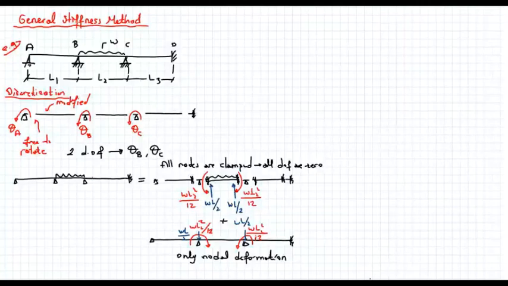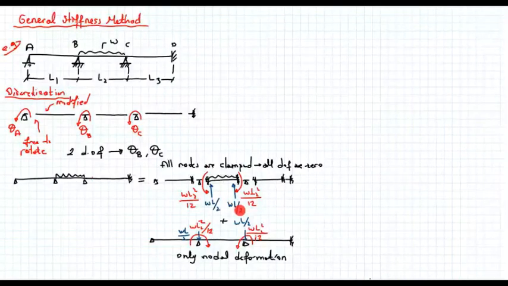Again, let's repeat what we did. In the moment distribution method, remember that we were considering two cases. In the first case, we clamp all the nodes, and this way we were able to get all the unbalanced moments. Now here I have written it in a more general way. I clamp all the nodes. I have the unbalanced moment here, W L square over 12 due to this member load, and also I have the unbalanced shear forces.